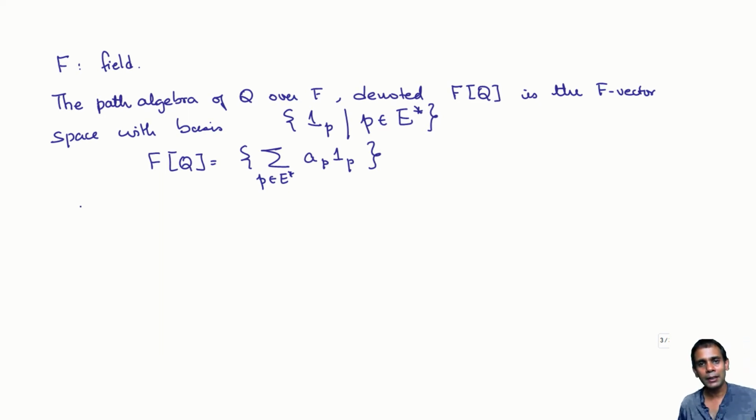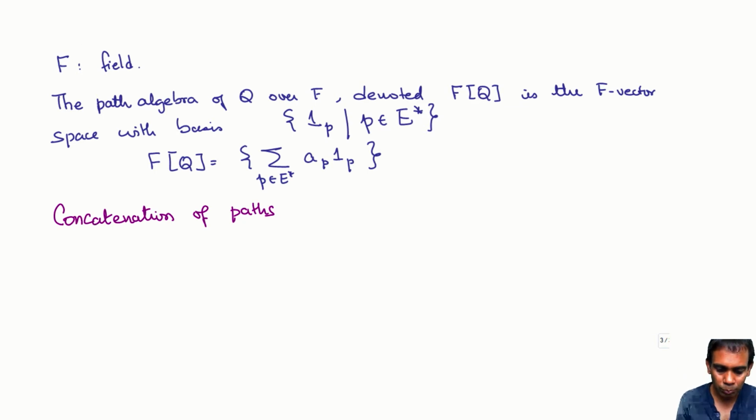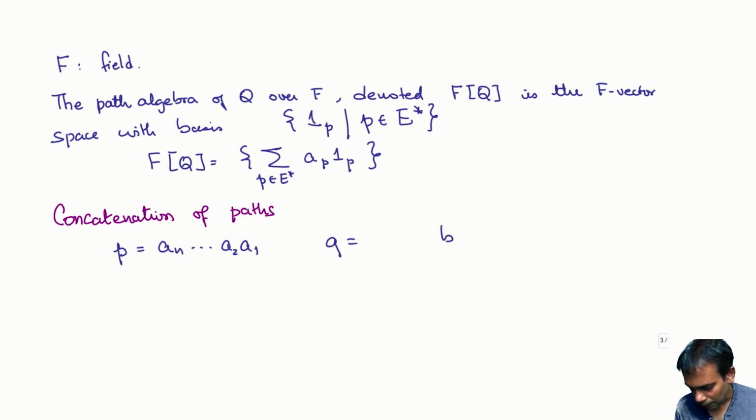In order to define multiplication, we consider concatenation of paths. Suppose you have two paths, P equals A1, A2 ... AN, and Q equals B1, B2 ... BM.